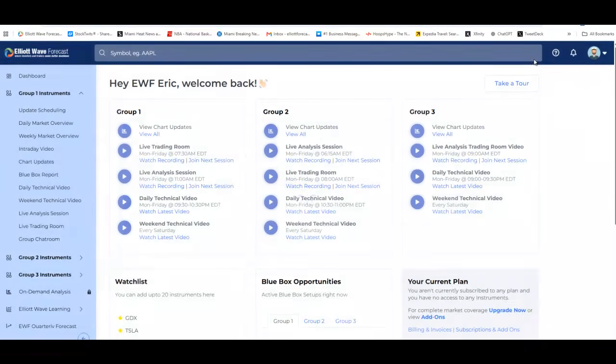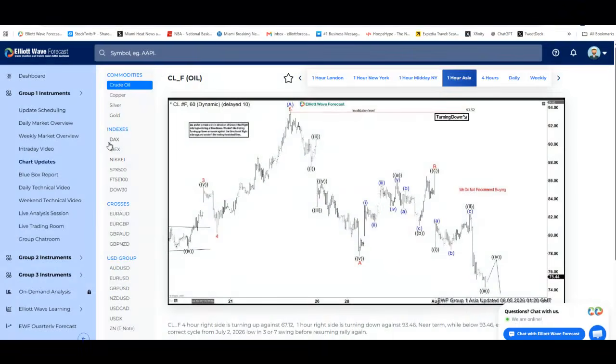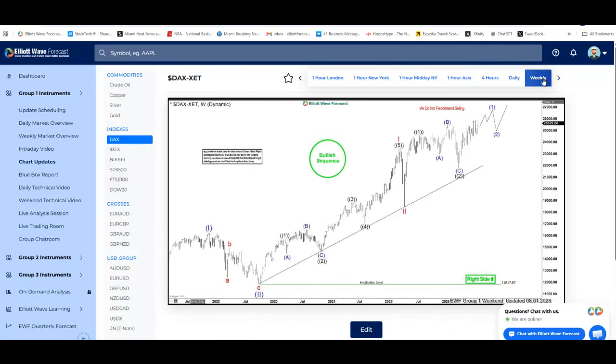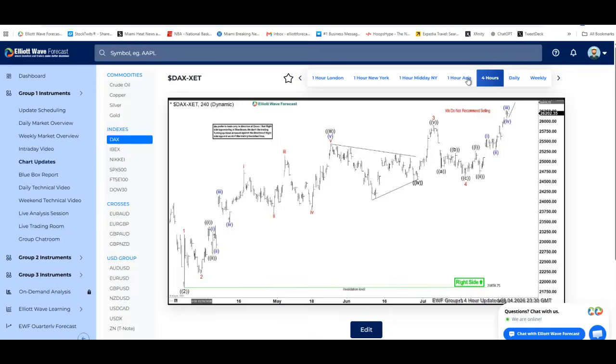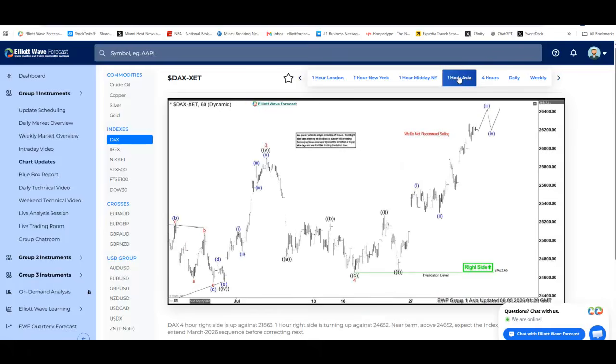DAX is part of Group 1. Members just click over here on Charts of the Day, look for the DAX, and they're able to see from the weekly time frame to the daily time frame to the 4 hour time frame to the 1 hour time frame. They're able to see all the time frames and the expectation that we have in the market.